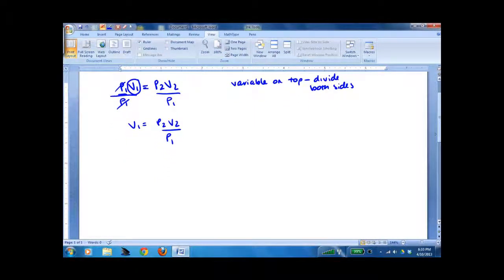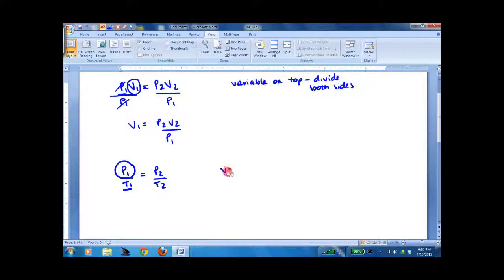Let's look at another one. Let's say we are doing a problem and we've decided that the formula that we will need to use is P1 over T1 equals P2 over T2. And let's say we need to solve for P1. So let's circle P1. And now I need to get rid of this T1, okay, so that P1 is on its own.